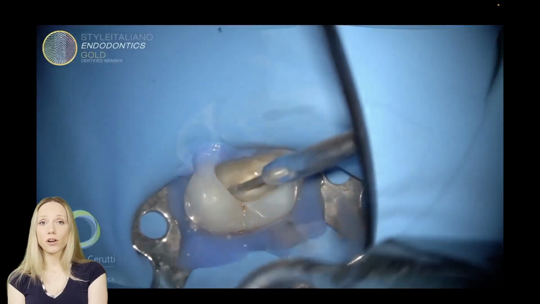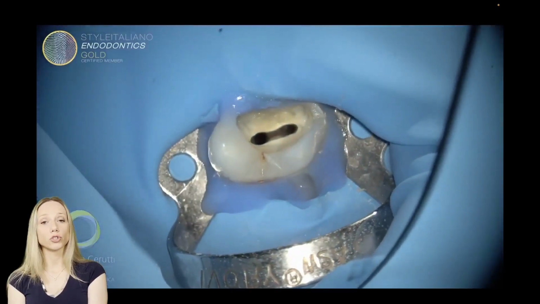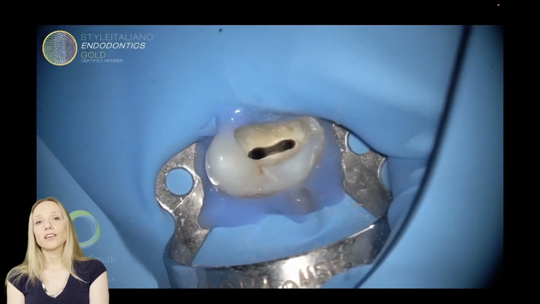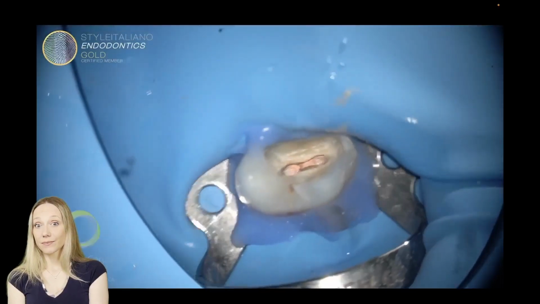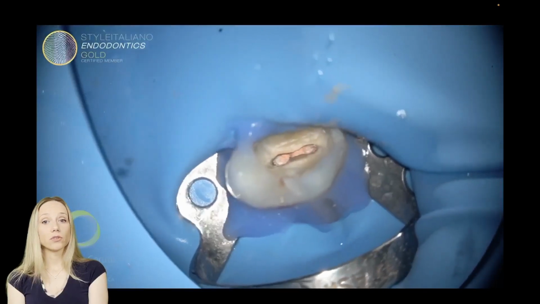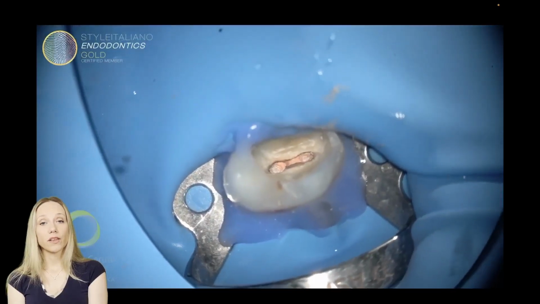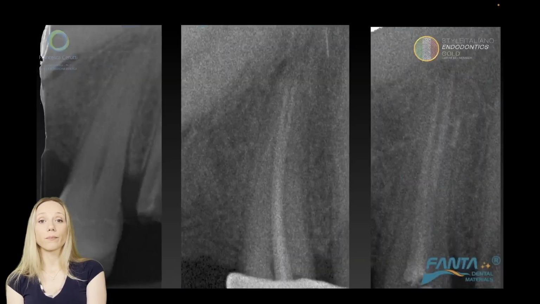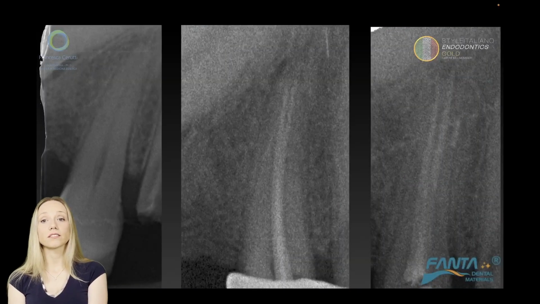You can use sonics, you can use whatever you want. The important thing is to make your irrigant work at its best. And then I do the 3D filling of the root canal. And as you can see, this is one premolar with 2 root canals and a lateral canal that I fill with my sealer.